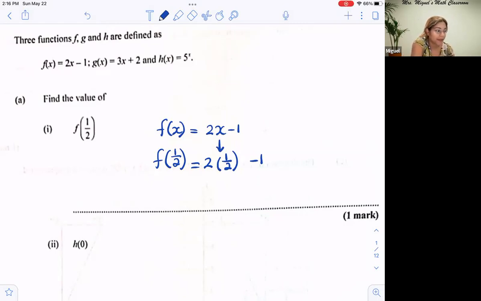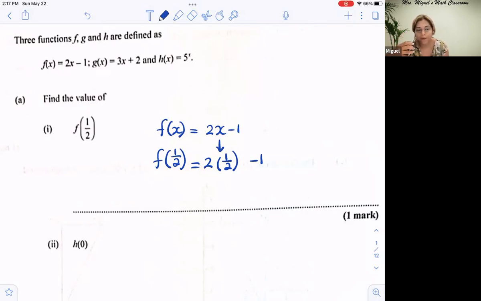Now, we are all supposed to get that correct, because we are trying to maximize and get as many marks as possible. The easiest thing to do is to put it in the calculator.